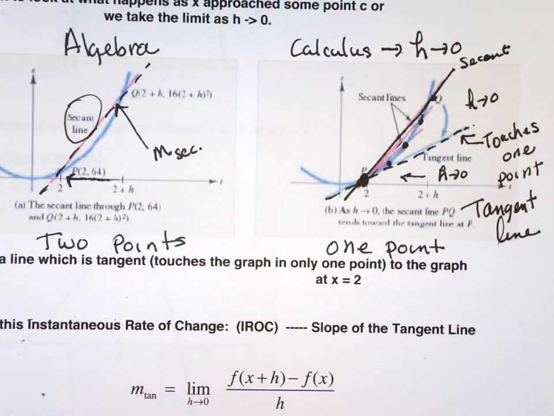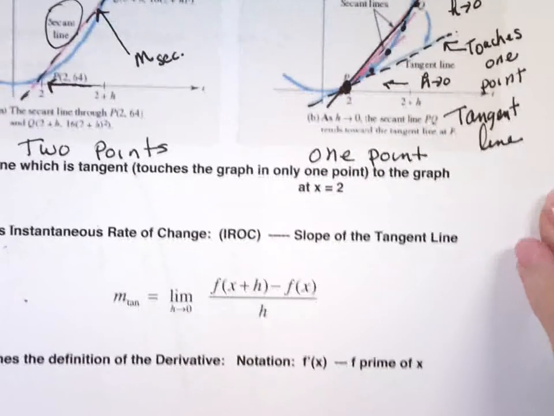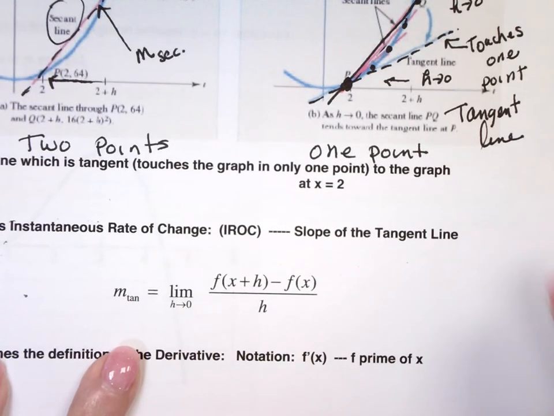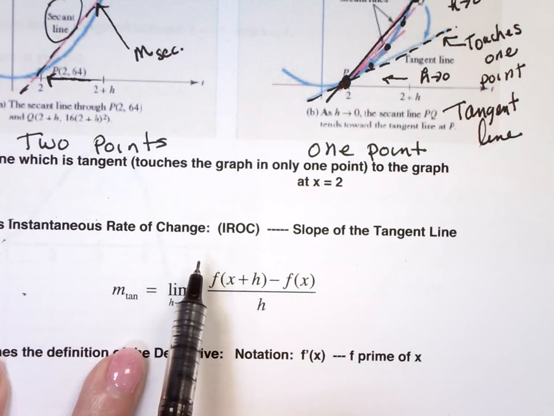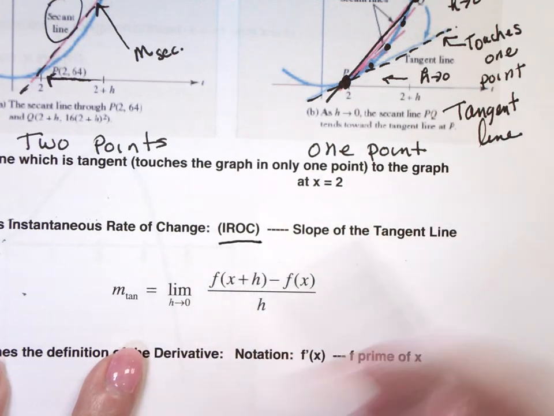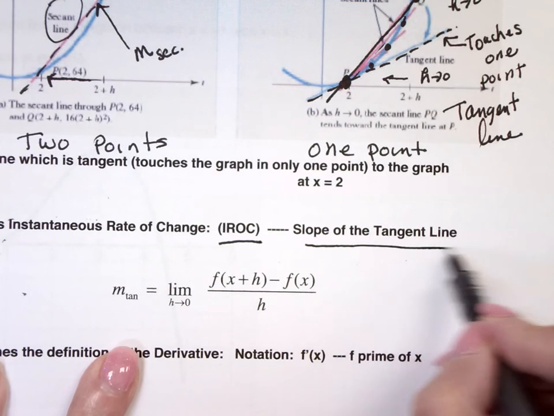Now, it's very, very hard to get the slope of a line if you only have 1 point. That means you have to have something that's going to give it to you, because it does not come naturally. So then we're going to define what we're going to be looking for. We call this instantaneous rate of change, IROC, the slope of the tangent line.